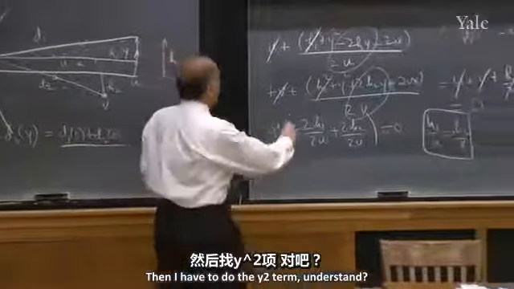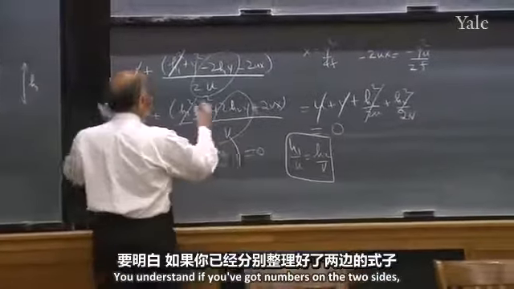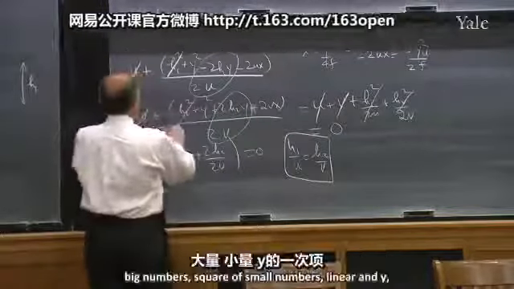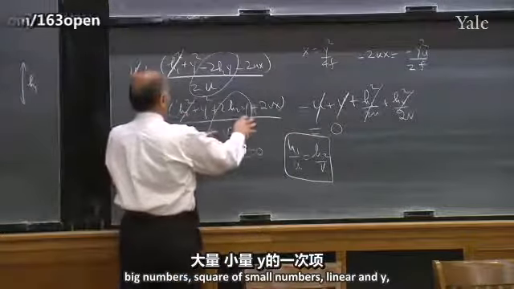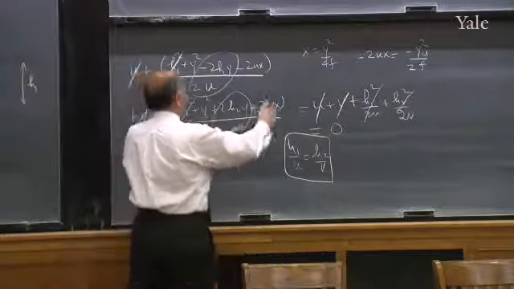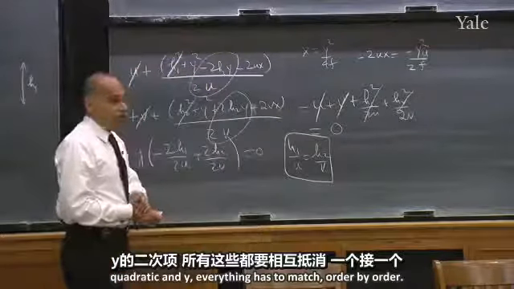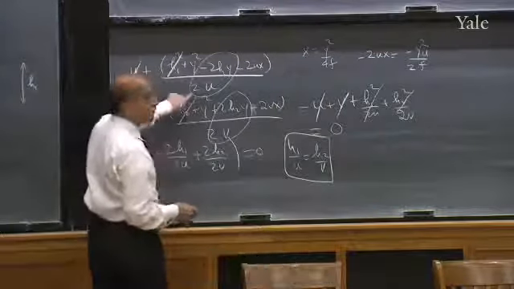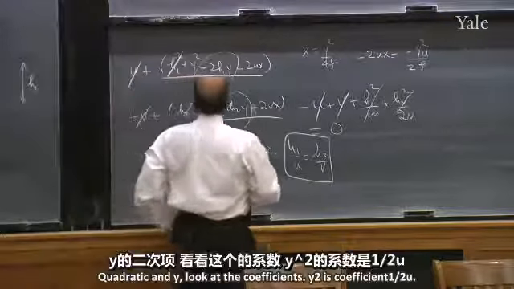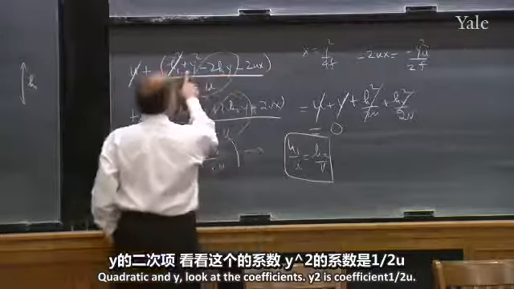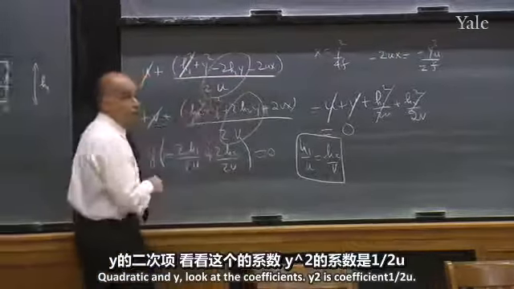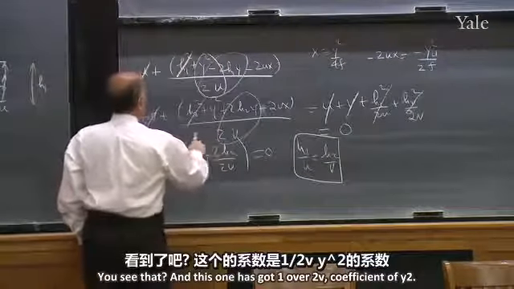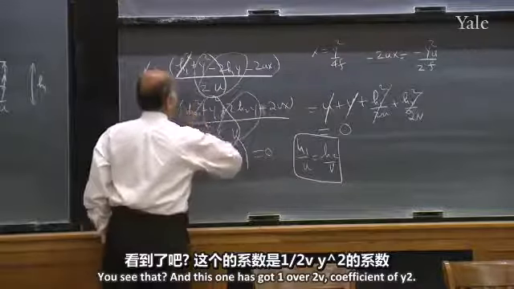You understand? If you have numbers on the two sides, big numbers, square of small numbers, then linear in y, quadratic in y, everything has to match order by order. So this is the linear in y term. What is the quadratic in y term? Look at the coefficients. y squared has coefficient 1 over 2u, and this one has 1 over 2v, coefficient of y squared.